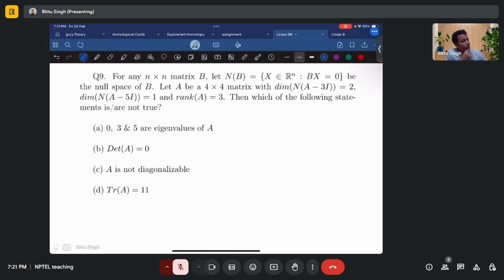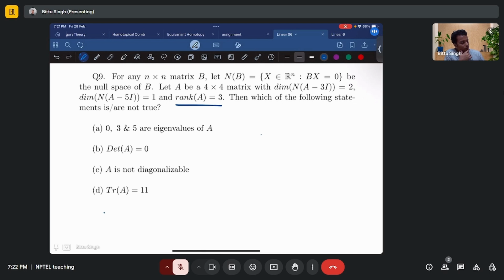So first let us look at the meaning of rank of A equal to 3.